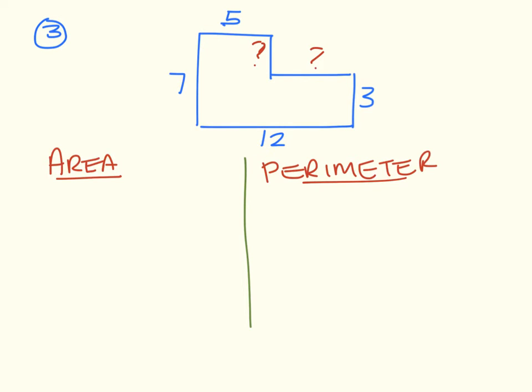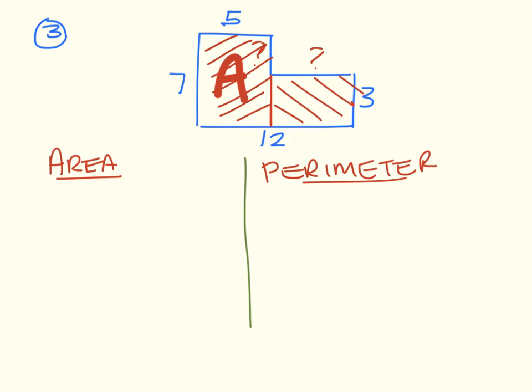Now when it comes to working out the area, we're going to split it up into 2 rectangles. Okay, this one here we could call rectangle A, and this one here we could call rectangle B. Okay, how do we work out the area of a rectangle?